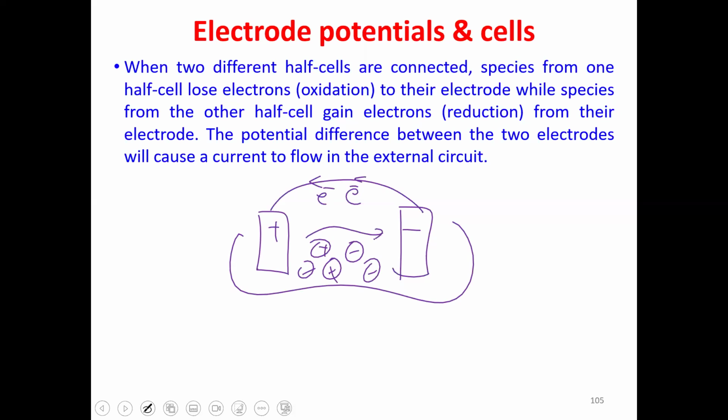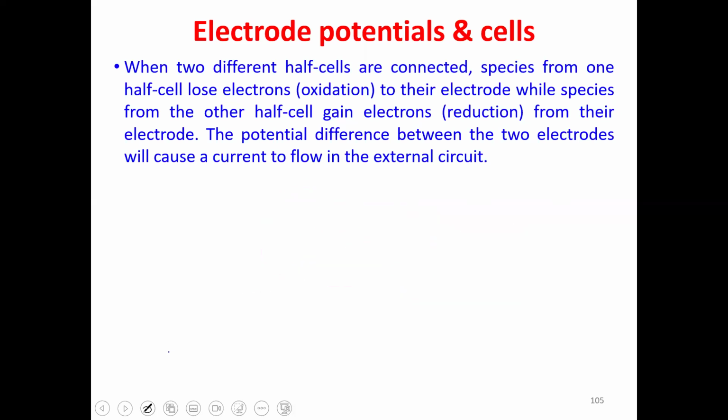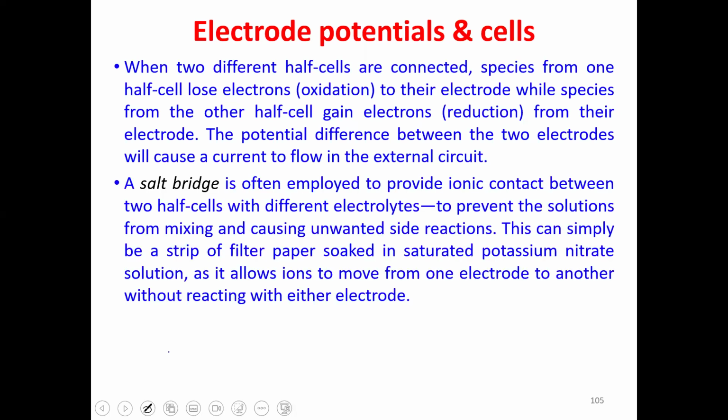So ion migration is necessary. For example, if negative ions go on this side, logically it has to be balanced by the reverse motion, so the net transfer of charge becomes zero. This is the basic idea in the design of an electrochemical cell.